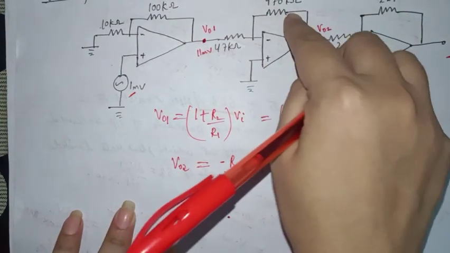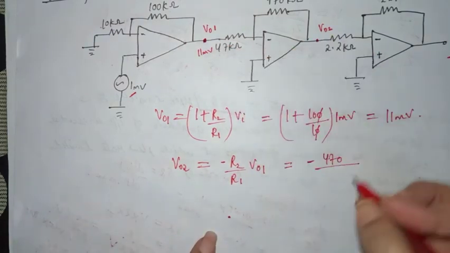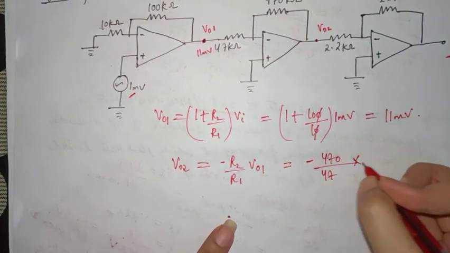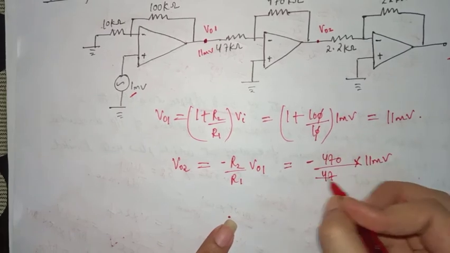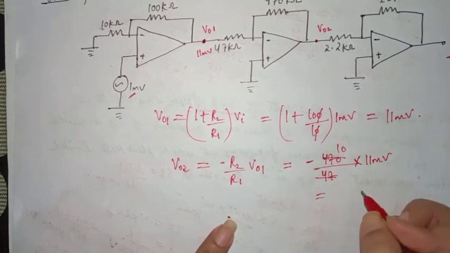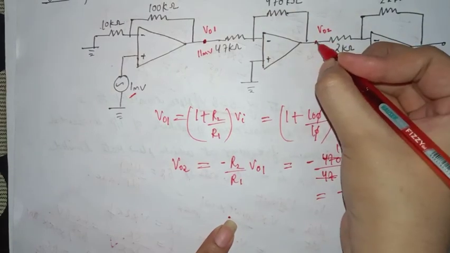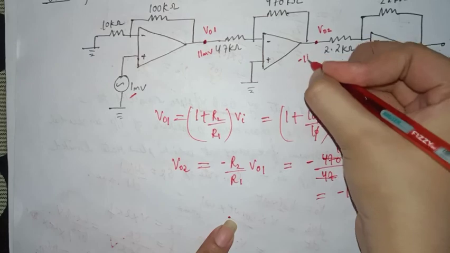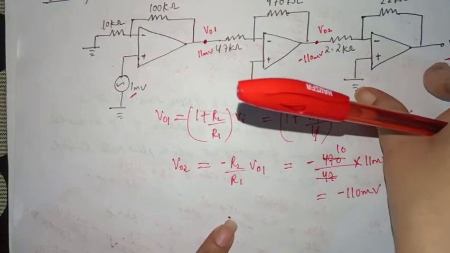Minus R2 is here 470 by R1 is 47, and V01 is 11 millivolt. So it will get cancelled and we will get minus 110 millivolt. So the output here is minus 110 millivolt, and it will act as the input to this amplifier.